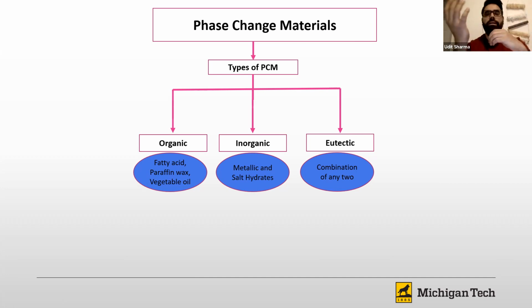For example, metallic and salt hydrates, using potassium nitrate; the combination of potassium nitrate and sodium nitrate can be used as an inorganic. And the third is eutectic. You can use a combination of these, like organic and inorganic, or two inorganic. All these combinations can result in a eutectic. In that case, you can take advantage of the properties of both phase change materials. Next.